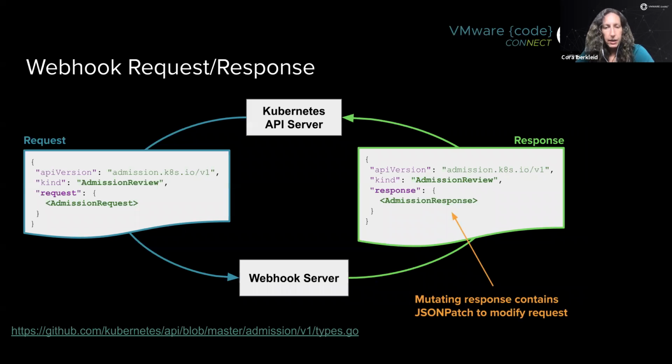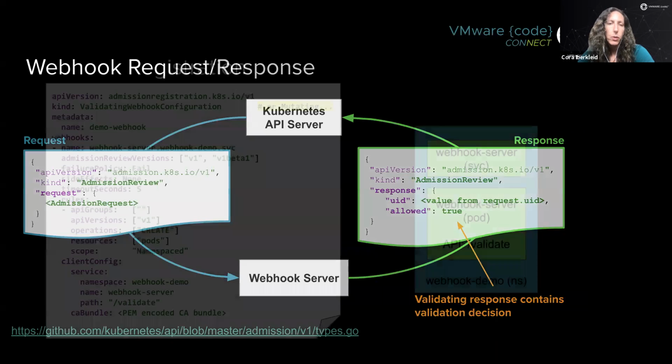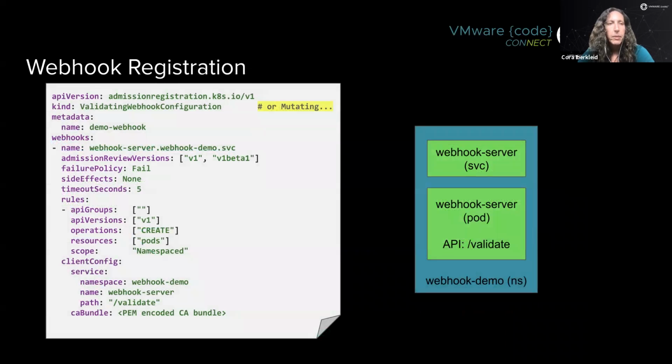So if it's a mutating webhook, then you send back a JSON patch or a list of JSON patches that will be applied to modify that request. And if it's a validating controller or webhook, then you simply send back true or false to say whether or not you've accepted the request. There's a few other optional fields you can add.